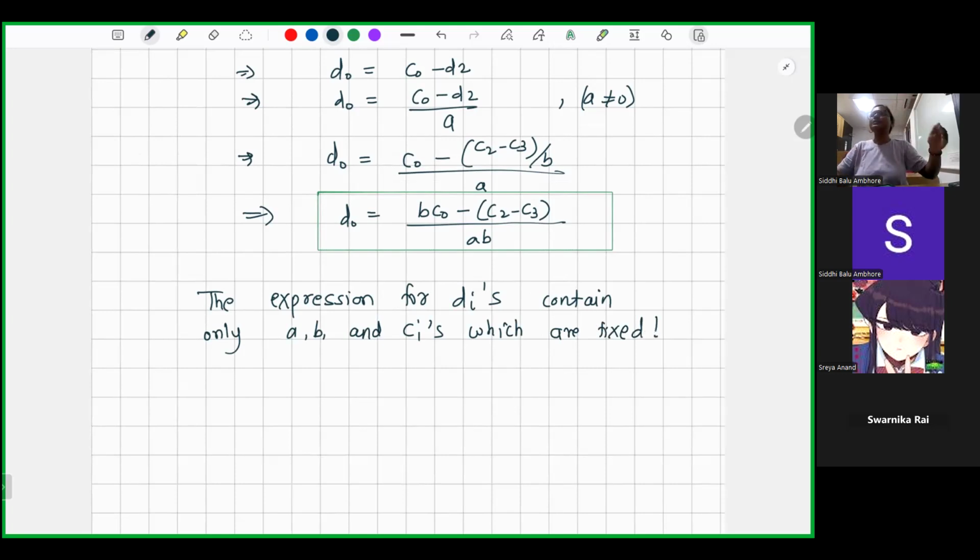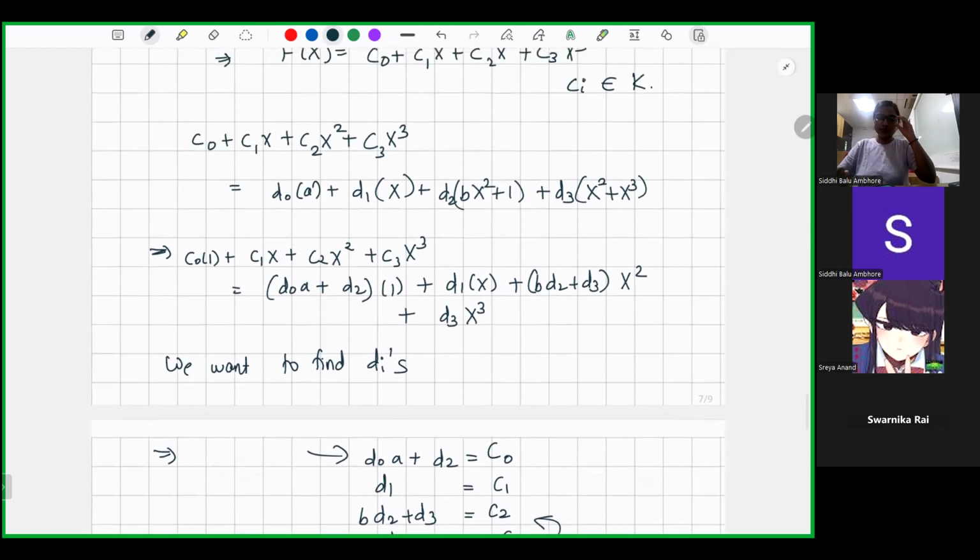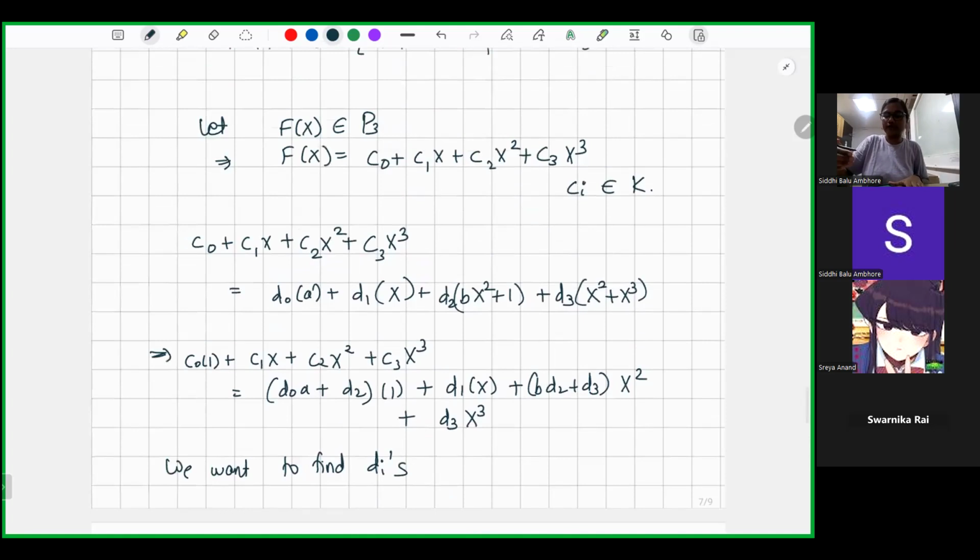Okay, the moment I said I need to find whether some polynomial f, I want to write it in terms of the linear combination of v1, v2, v3, v4. I'm fixing that polynomial first, and for that polynomial, I'm trying to find the coefficients.